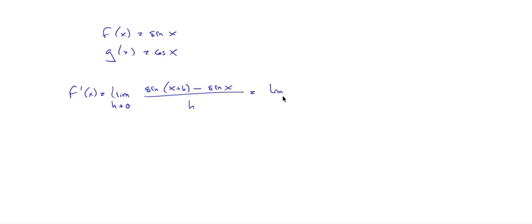Well, for the sine of x plus h, we can use the formula for the sine of a sum of angles. So this is the sine of x times the cosine of h plus the sine of h times the cosine of x, minus the sine of x, divided by h.